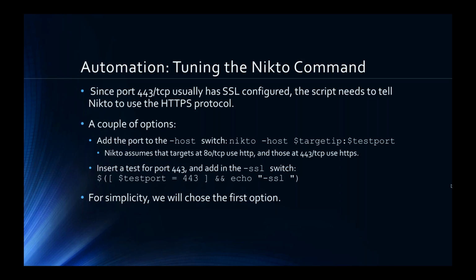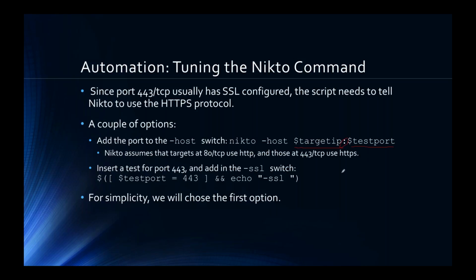You can see here how we've specified $target IP with the host switch, then the colon to designate the port coming afterwards, and then the test port variable that comes from our for loop. Nikto will then assume that anything on port 80 is using HTTP, and anything on port 443 is using HTTPS.